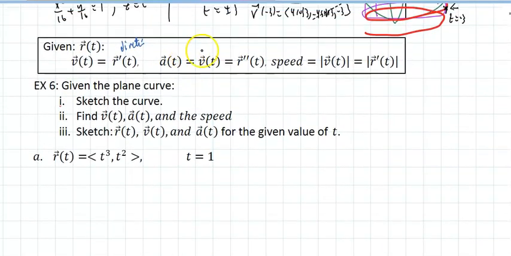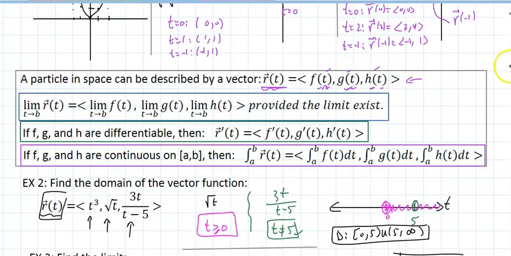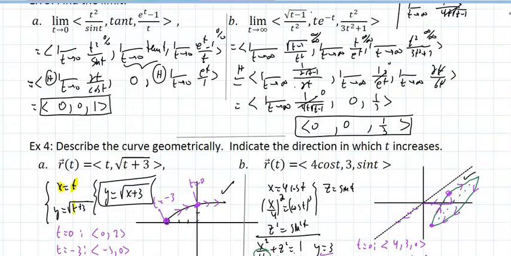So, acceleration is of course the second derivative, and speed is the magnitude of v of t, which is r prime. And we already talked about how to take a derivative, right? How do you take a derivative? You just take a derivative of the components.